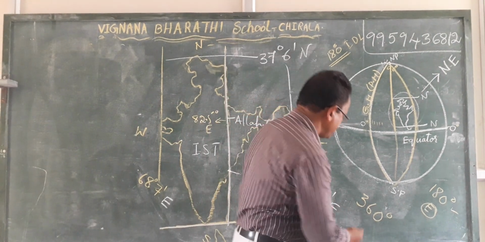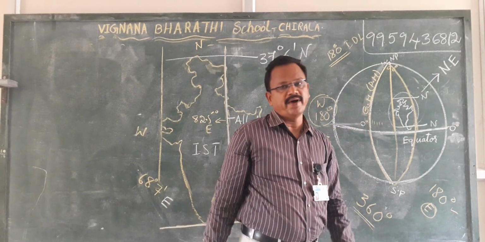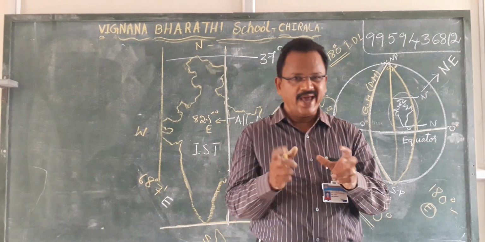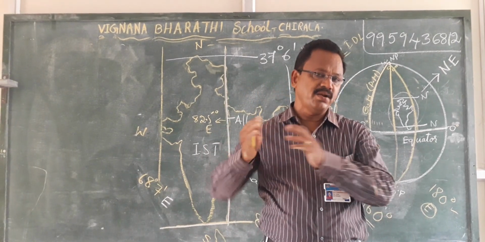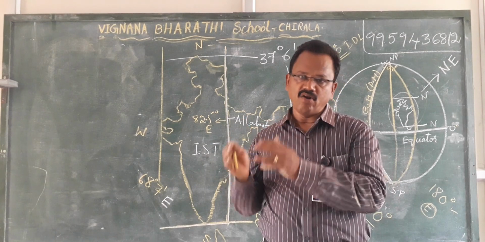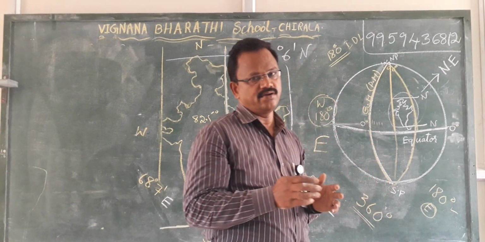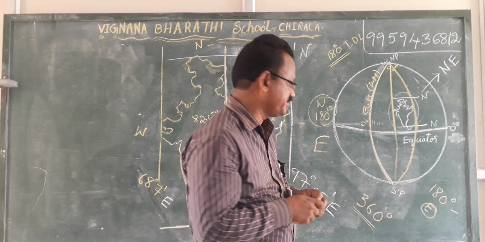Together 360 longitudes. Now come to the point to find or to calculate the time difference between one place to another, or from one longitude to another longitude. That is the topic here.